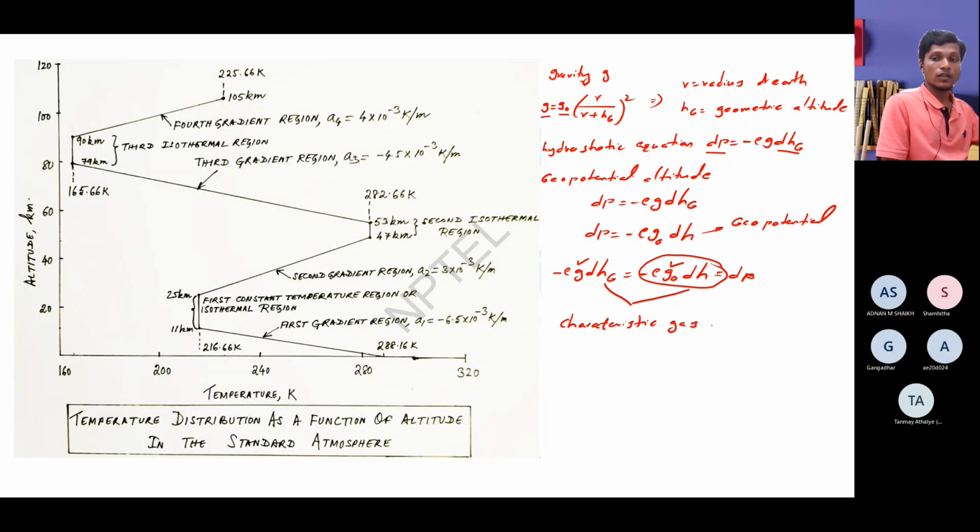It is very common, something you have been learning since your intermediate or 10th standard: P equals rho RT, where P is the pressure at that point, rho is the density, R is the gas constant, and T is the temperature.